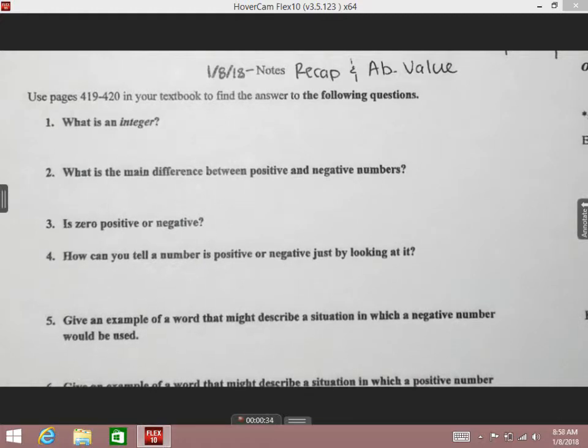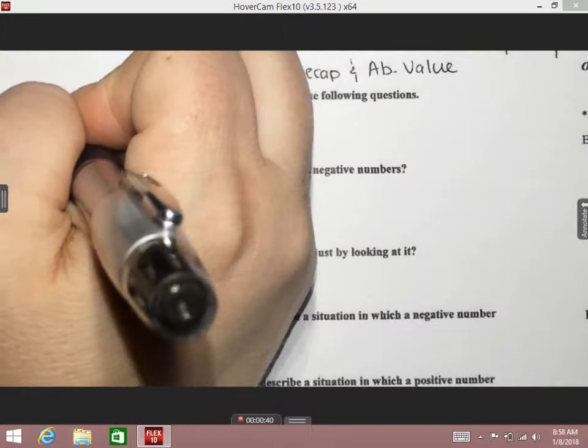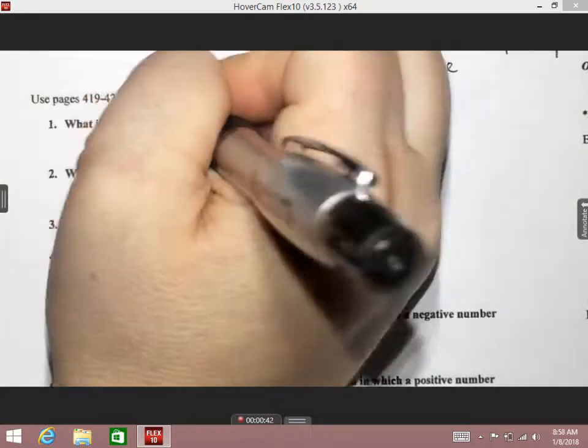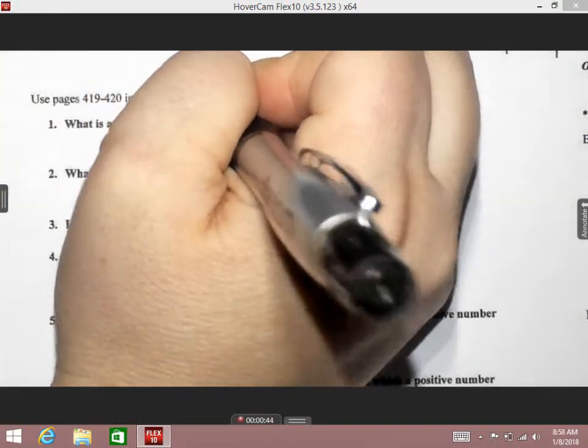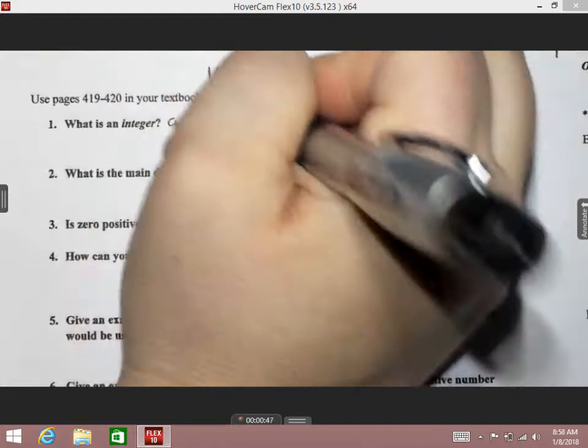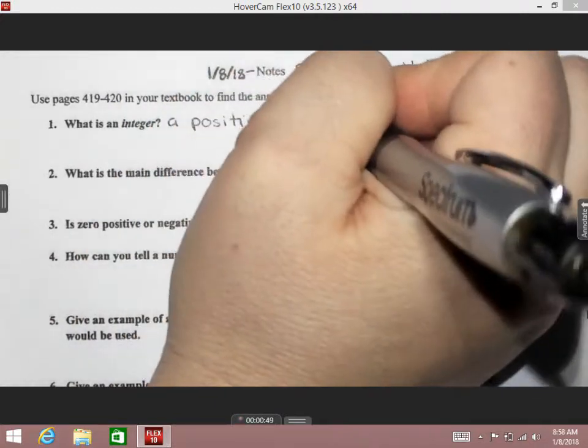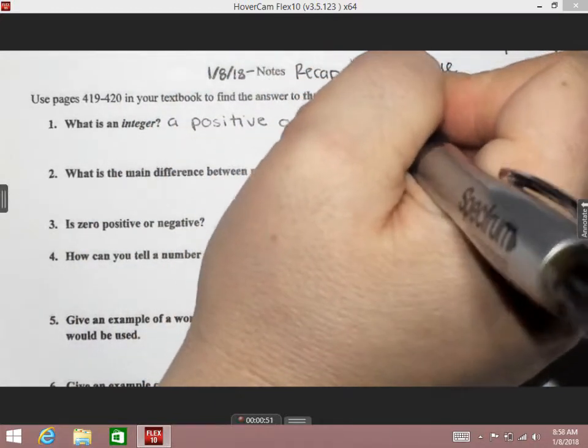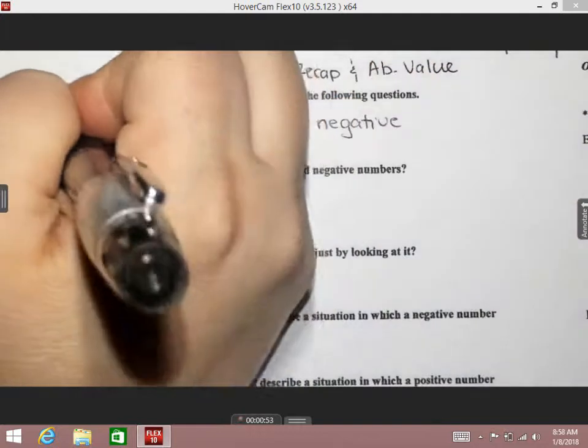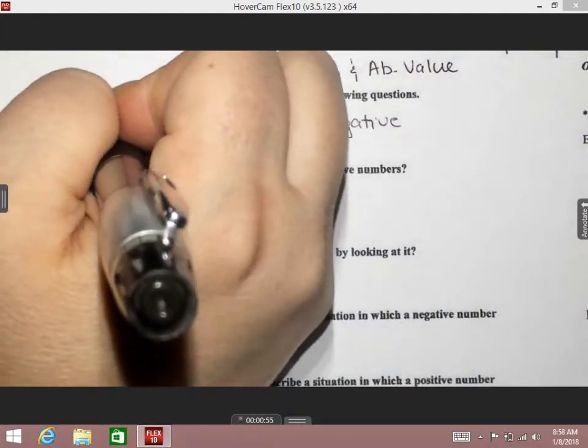So we've talked about integers already. We defined it last week on Thursday. What's an integer, Cameron? A positive number or a negative number. A positive or negative whole number. What is important? So it's a positive or negative whole number, but we got one more thing.